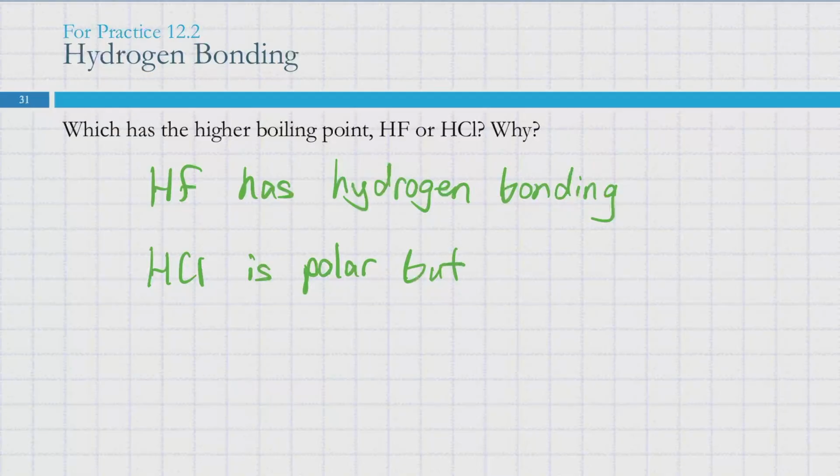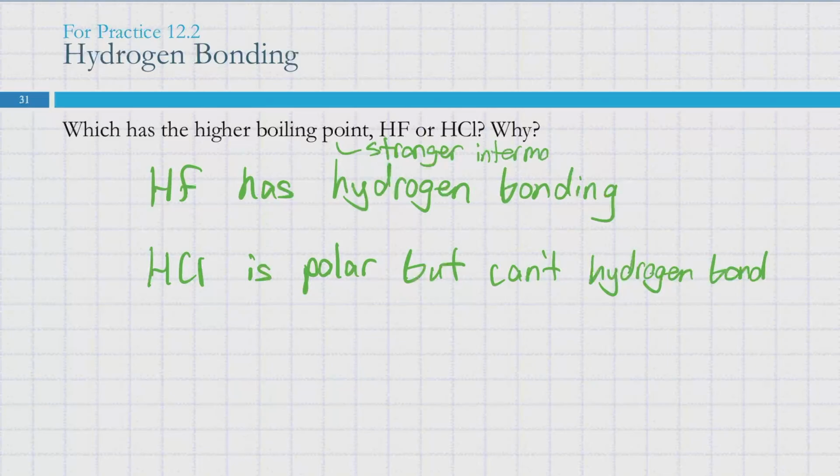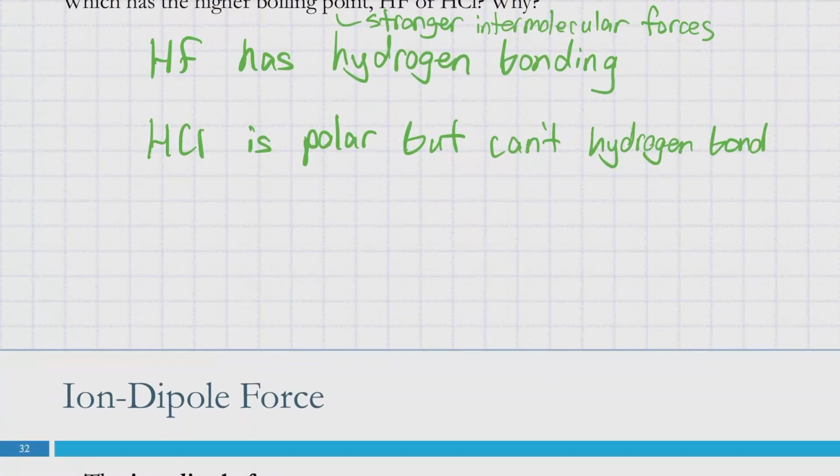HCl is polar but can't hydrogen bond. And so HF has a higher boiling point, being our proxy for stronger intermolecular forces. Questions about hydrogen bonding? Hopefully all relatively easy stuff.